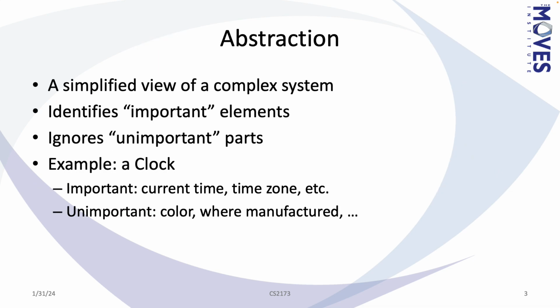So basically, abstraction is sort of taking a complex system and simplifying it so that we can understand it. When writing a program, we want to identify the important elements. And importance is in quotes, and we want to ignore the, quote, unimportant parts.